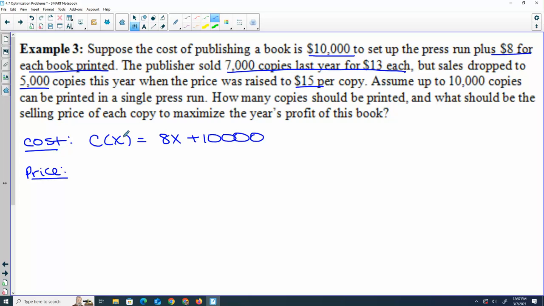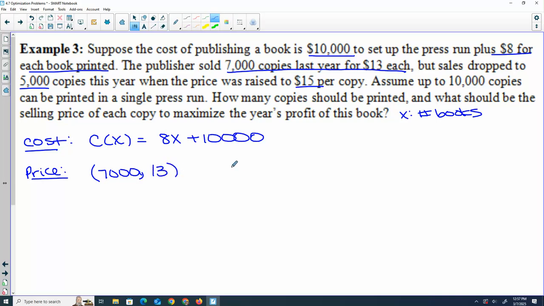When I look at this x, x is the number of books. That's what it represents in this equation that we wrote for cost, so that's what it has to represent throughout. So if I want to write an ordered pair, my number of books would be my x, my price would be my y. So 7,000, comma, 13 would be one ordered pair.